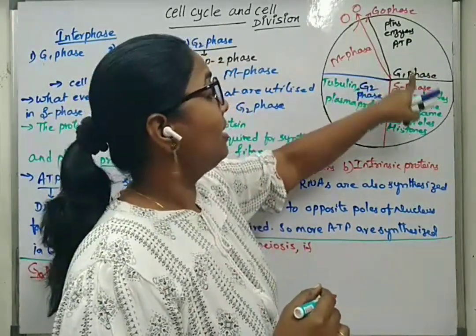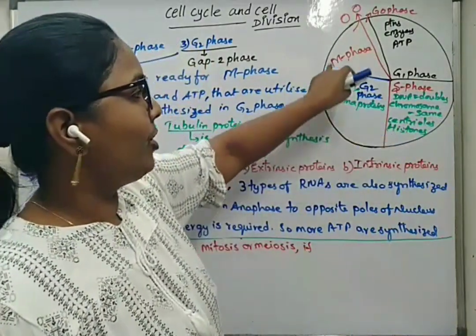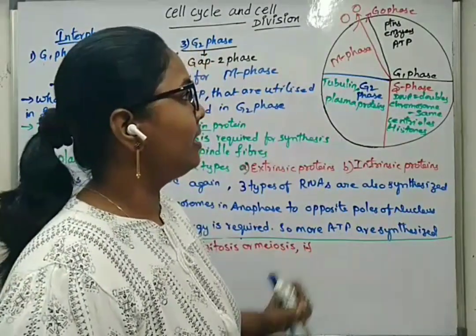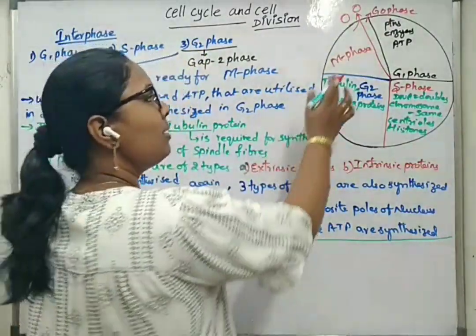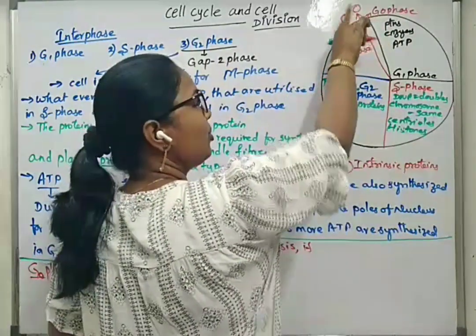From G1 phase, if there is no need of again DNA replication, again following the total cycle, then cells will undergo differentiation. Suppose one parenchyma cell has given rise to two baby cells.